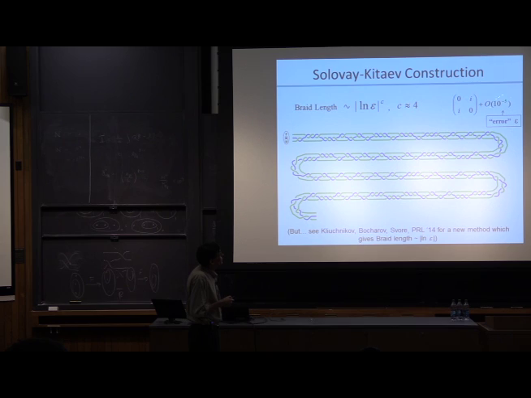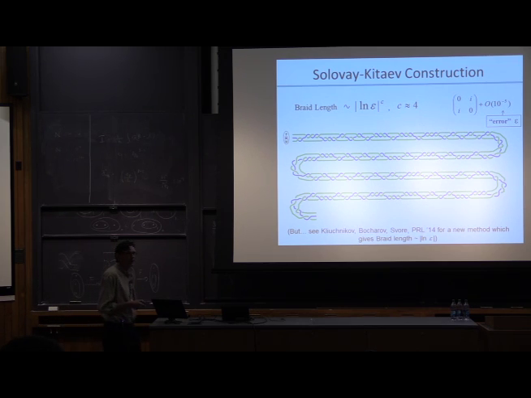The accuracy goes to 10 to the minus 5, but in fact, one can show asymptotically that the braid length grows polylogarithmically with the error, so it's not as good as brute force search. This exponent is about 4. I should point out, as a heads up, that there has been a recent breakthrough in this area. You can read about it in this PRL.